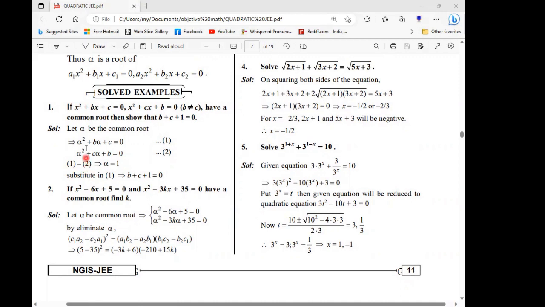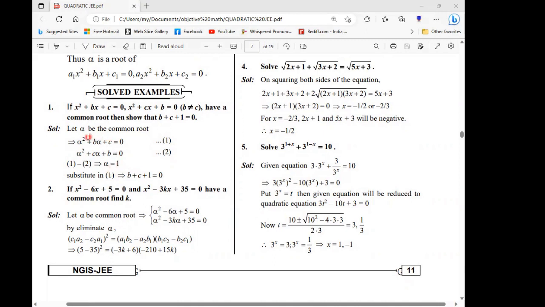If you do 1 minus 2, alpha square gets cancelled, and alpha is a common factor with b minus c on one side and b minus c on the other. That means alpha equal to 1 is the common root.